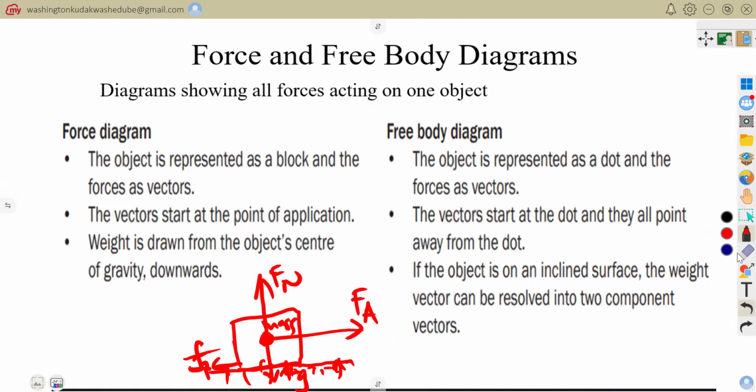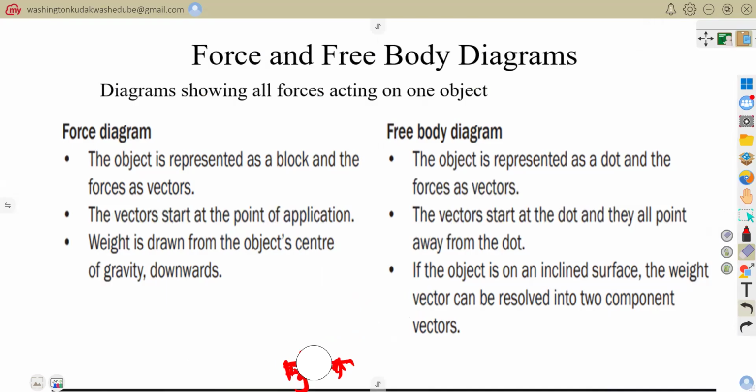So how exactly did I come up with that diagram? If you are drawing a force diagram, you use a block to represent the object, and you use vector arrows to represent forces.